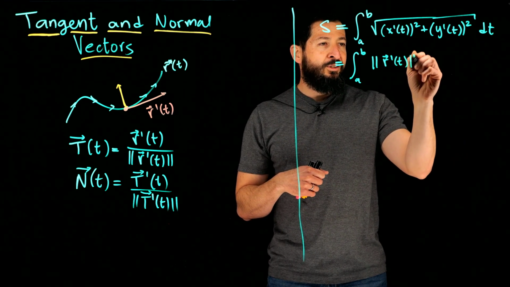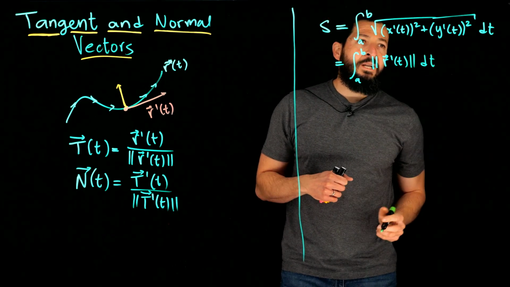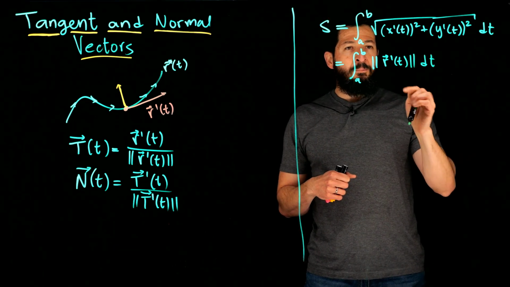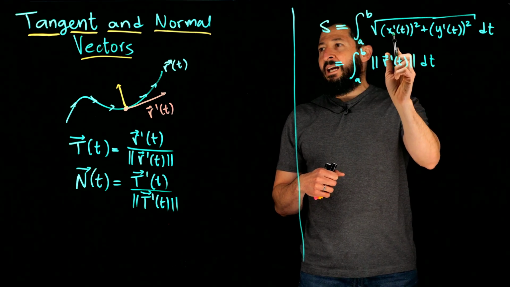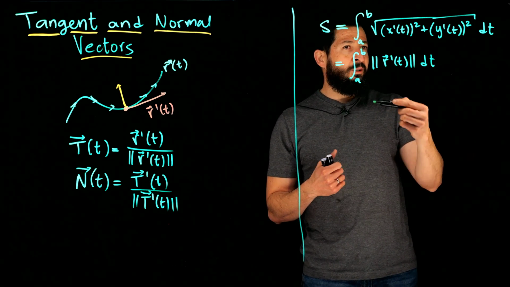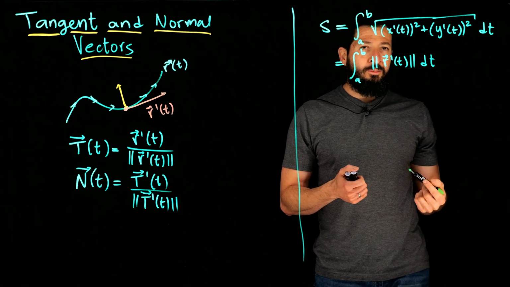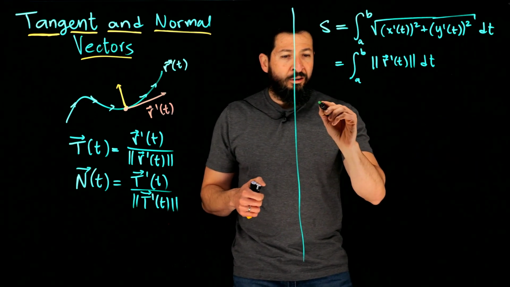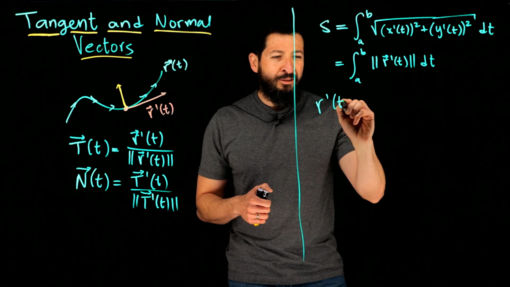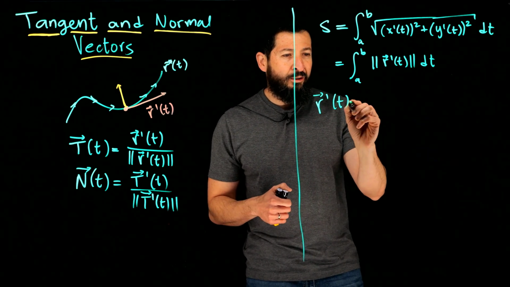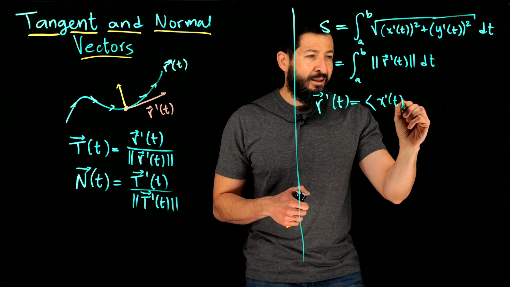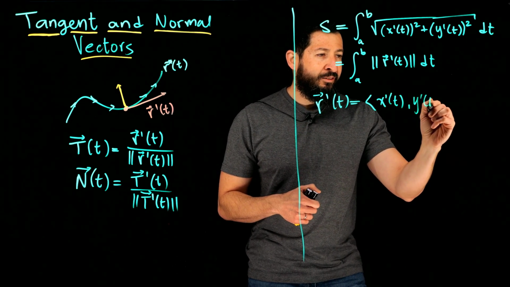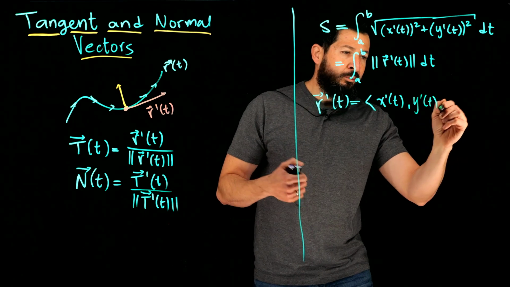So convince yourself that this is true. If you think about it, the magnitude of a vector is the square root of the sum of the squares of the entries of r prime. We talked about last time that the coordinates of r prime, which would have probably been a good idea to write for those who didn't watch the video before, are just going to be x prime and then y prime, and if you have z prime as well.